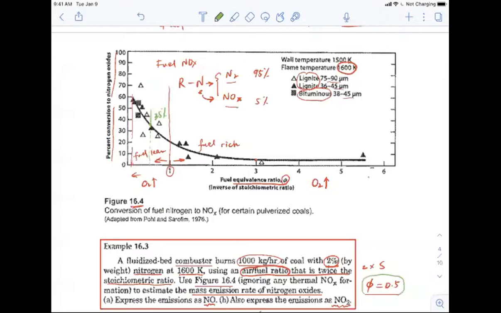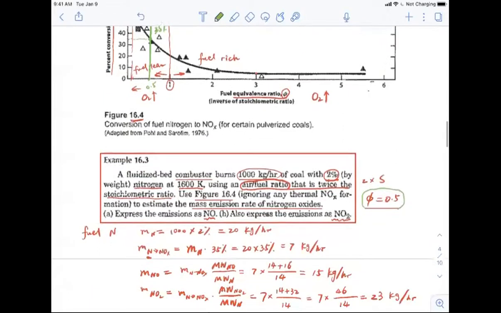So then you could use this curve here, find 0.5, the equivalence ratio, and draw a vertical line. Oh, okay. You just want to find the value on this curve here. Okay, yeah, I got it. Thank you. Yeah, this is 35%.